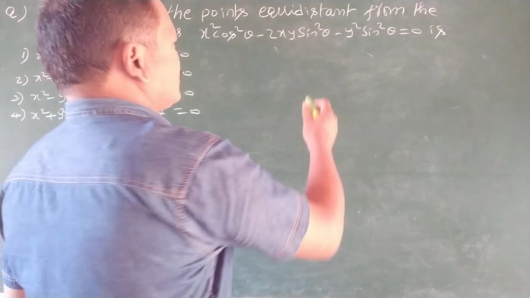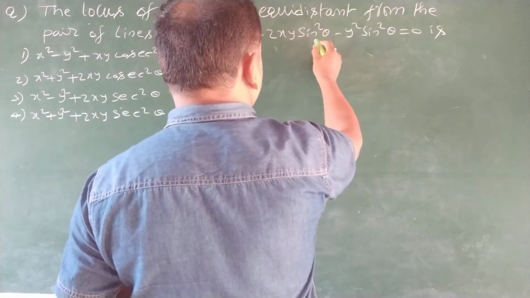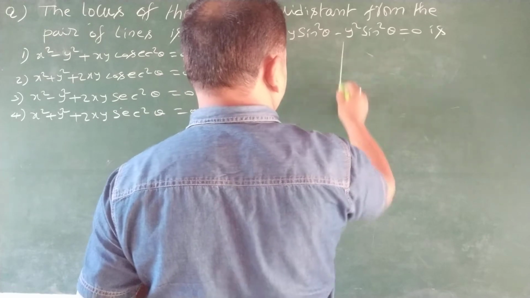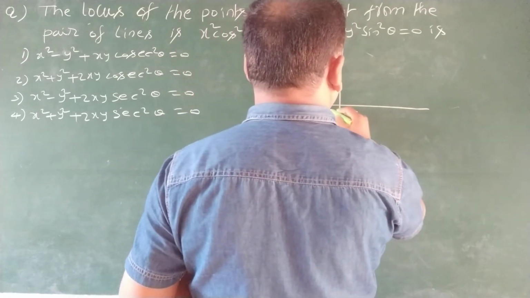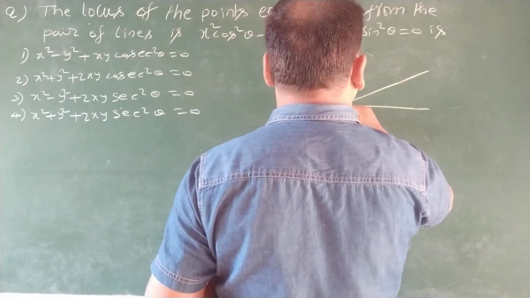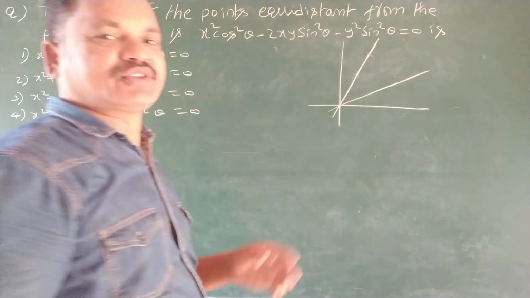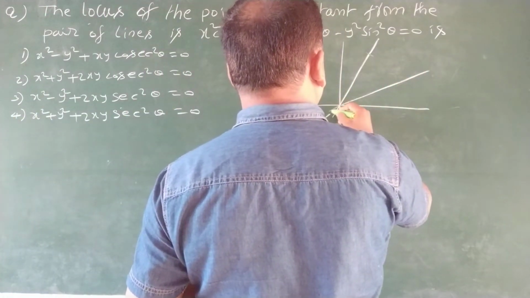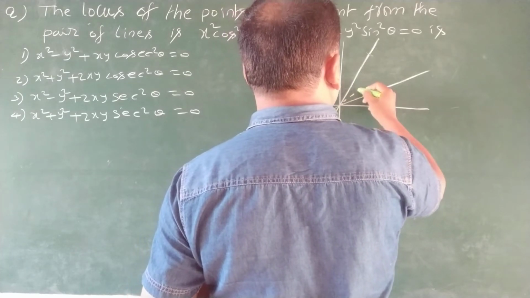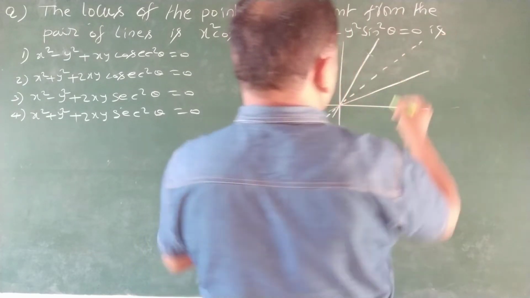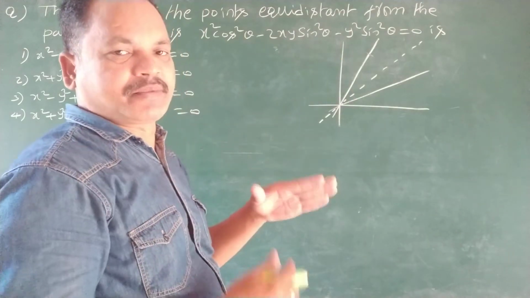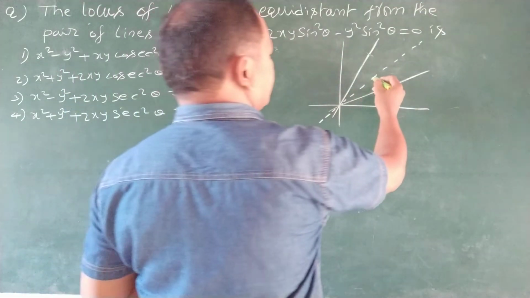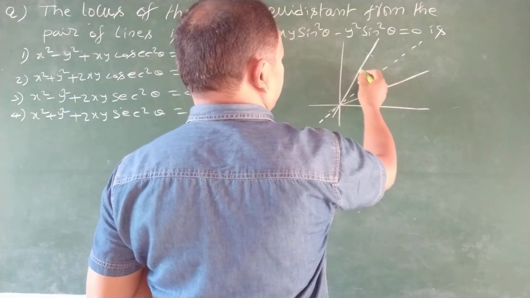Now here you have to take the given homogeneous pair of lines, which are passing through the origin. The locus of the points represents the bisector. They are equidistant from the pair of lines.